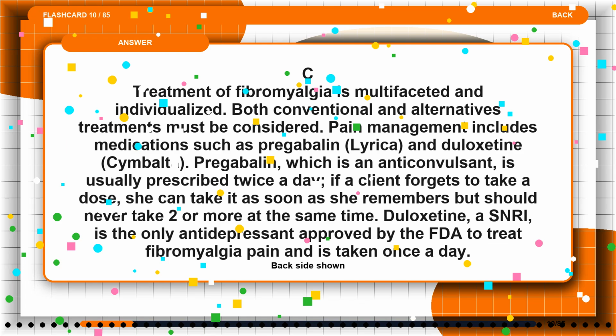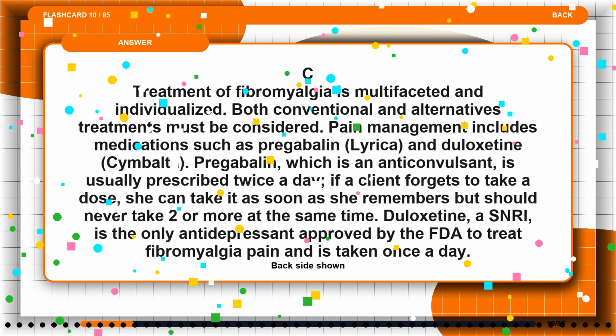The answer is C. Treatment of fibromyalgia is multifaceted and individualized. Both conventional and alternative treatments must be considered. Pain management includes medications such as pregabalin (Lyrica) and duloxetine (Cymbalta).